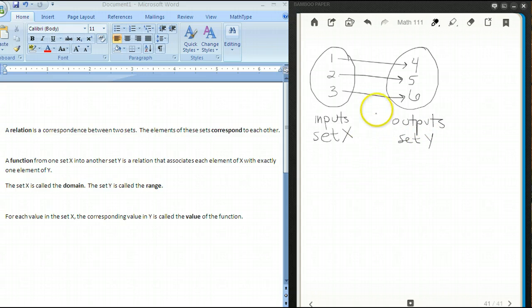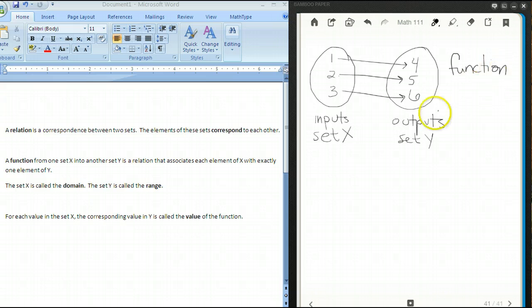If we look at this example, it is in fact true that each number in here relates to exactly one number over here. 1 goes to 4 only, 2 goes to 5 only, 3 to 6 only. So this one is an example of a function.